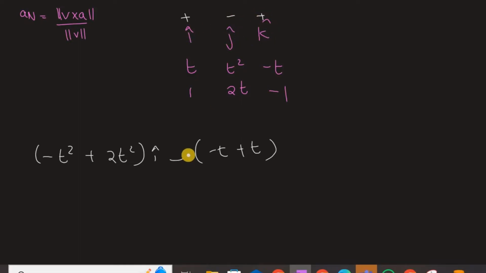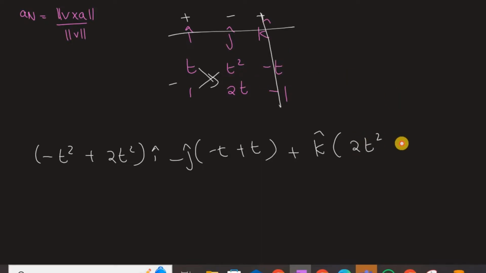So positive, negative, positive. So always for the j hat, it's negative. Okay, so now for the k hat, we cross out the column and the row for the k hat and multiply this. So this gives you 2t squared, negative t squared.